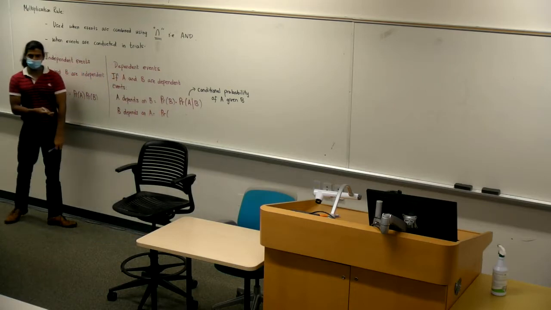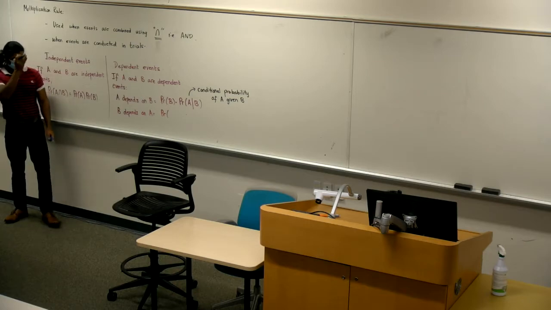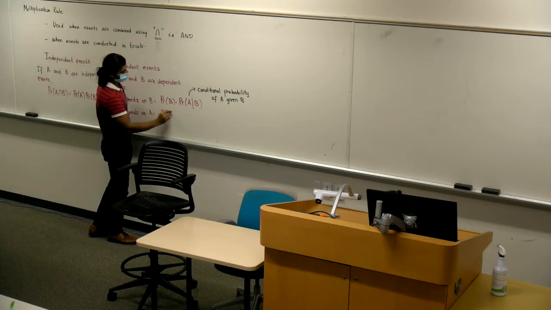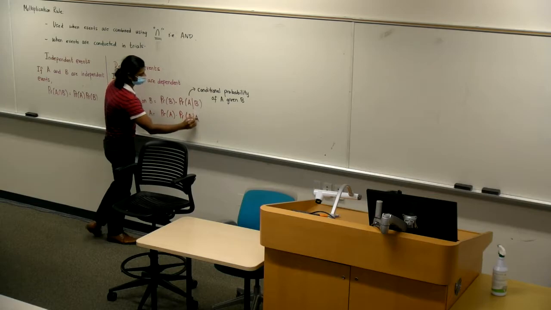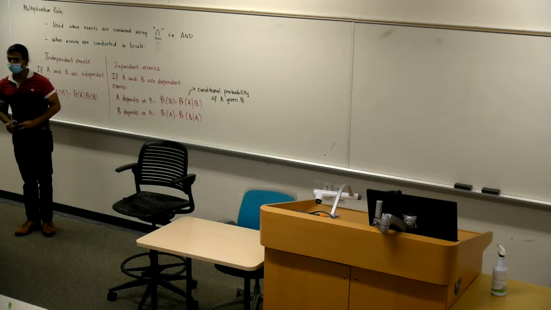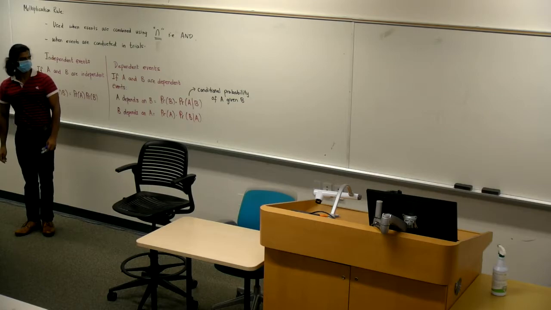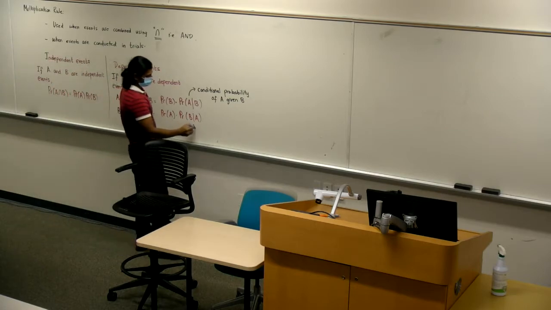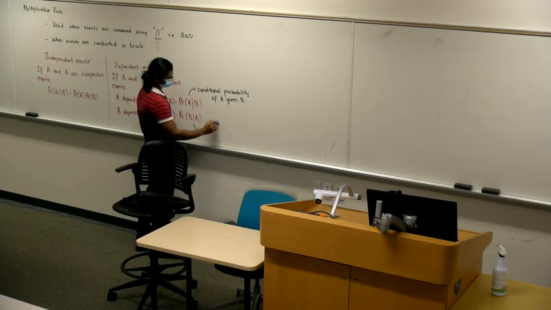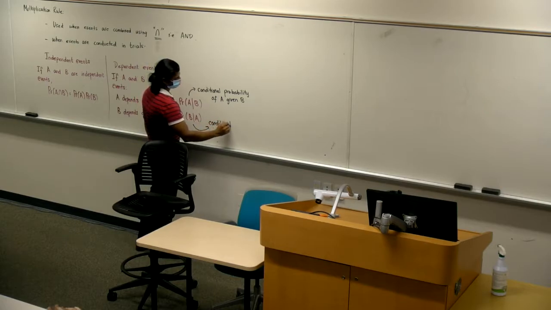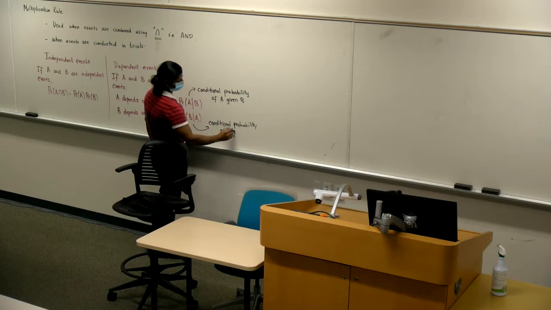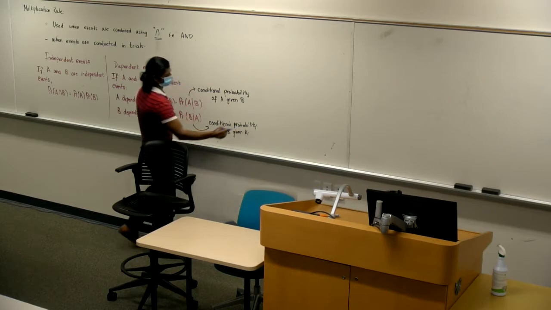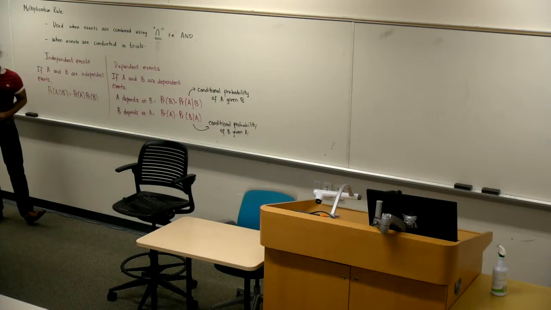What should happen first if B depends on A? A. A has to occur first. So probability of A multiplied by probability of B given A. How would you interpret the second part? Probability of B given A. This would be the conditional probability. Good.